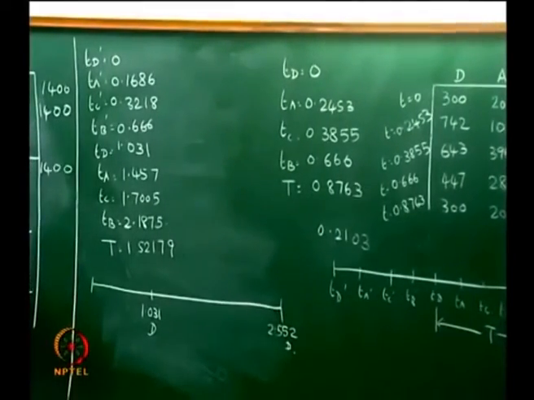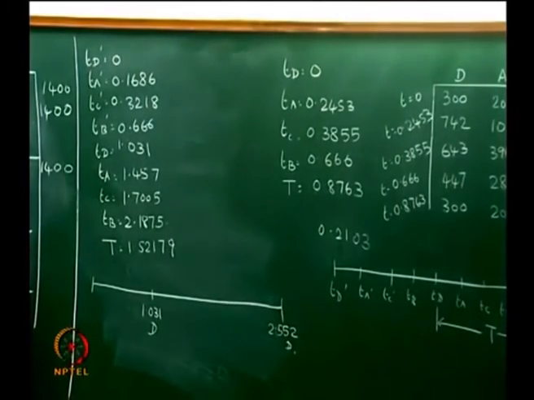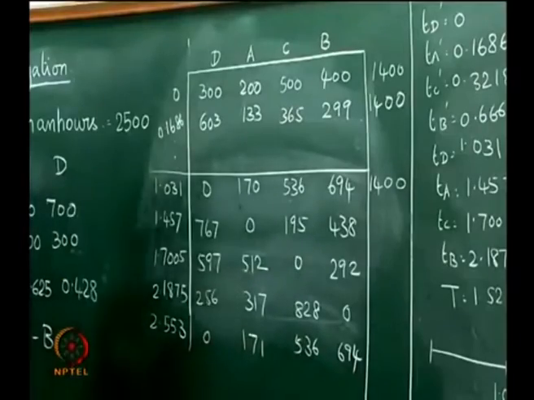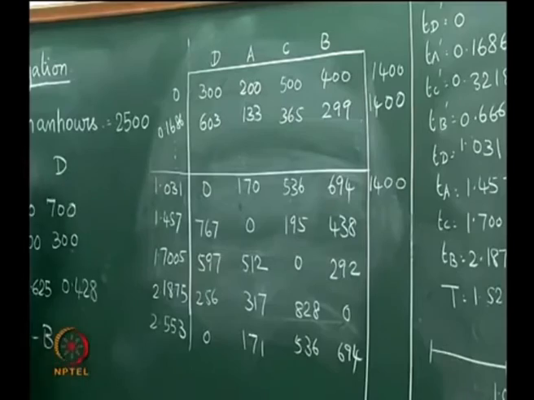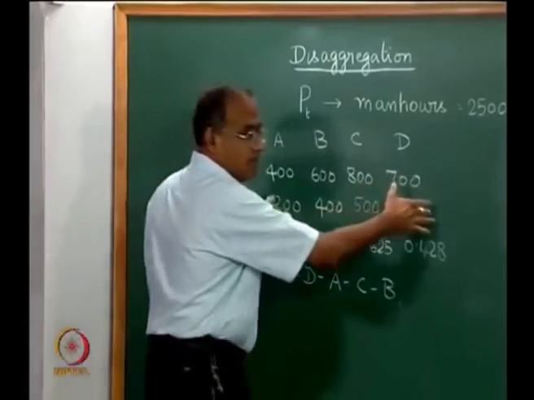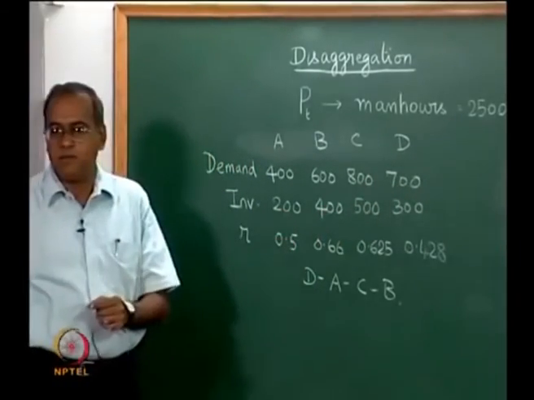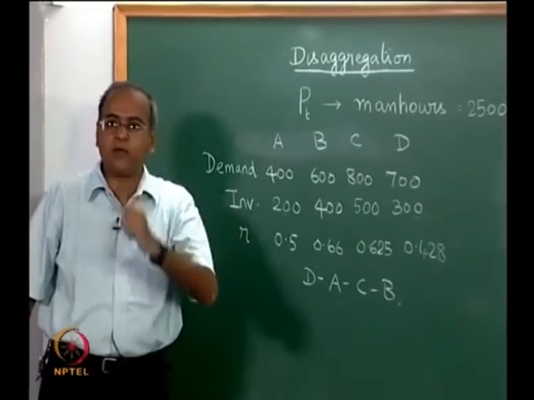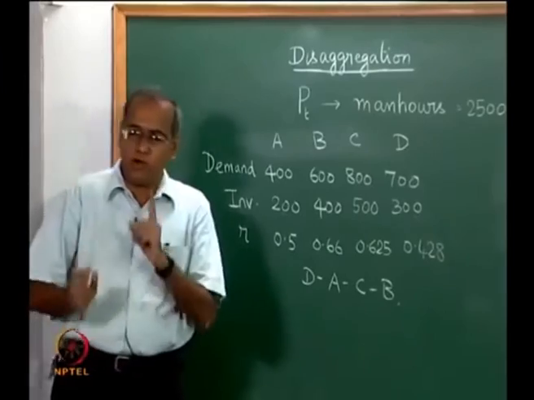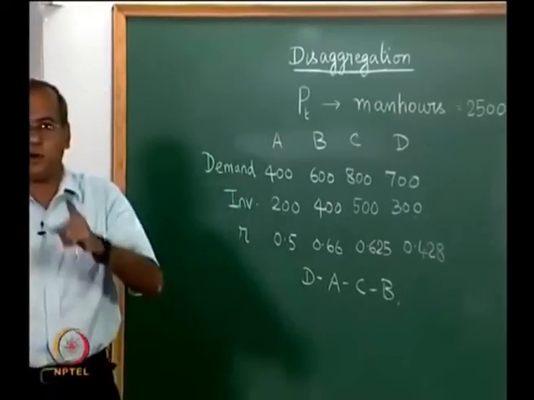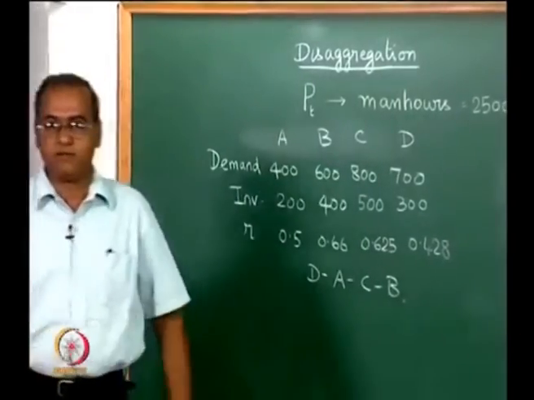So there are two aspects to this problem. One is obviously the cycle T depends on the total amount of inventory that you have. If total demand is equal to total production, then the cycle time T is going to depend on the total amount of inventory that we have.